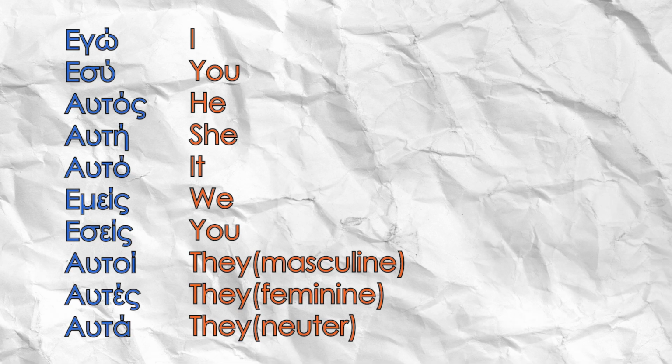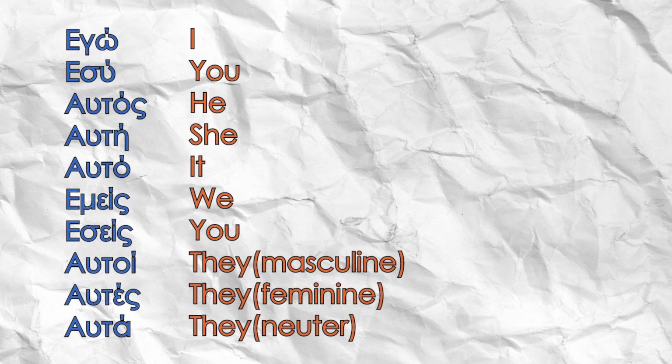First of all, in Greek verbs, we have two major categories, Group A and Group B. First of all, we're going to look at Group A. On the left here, I have the pronouns, which are very similar to English, with εγώ, εσύ, αυτός, αυτή, αυτό, being I, you, he, she, it, and εμείς, εσείς, being we and you plural.